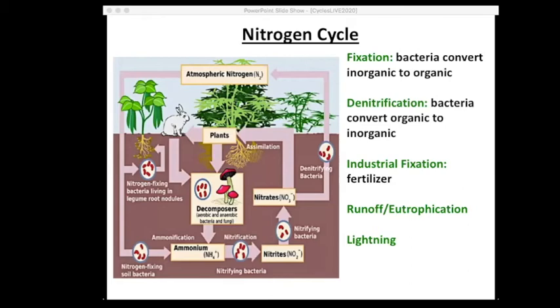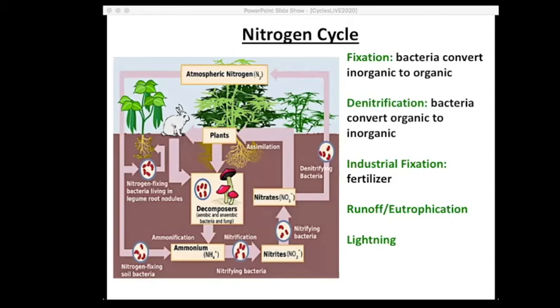It's not released as N2. It's released as something called nitrous oxide. Nitrous oxide actually comes in lots of molecules, so we indicate it as NOx because that subscript number can change. NOx comes from burning of fossil fuels mainly.